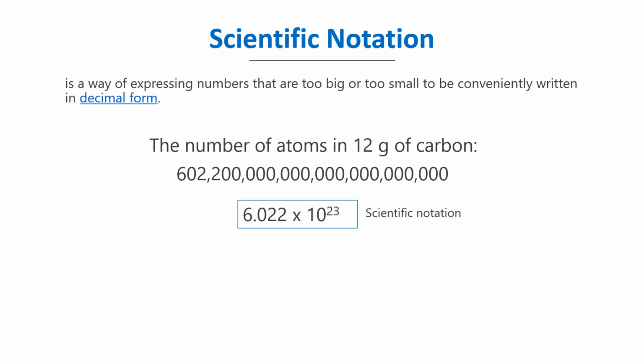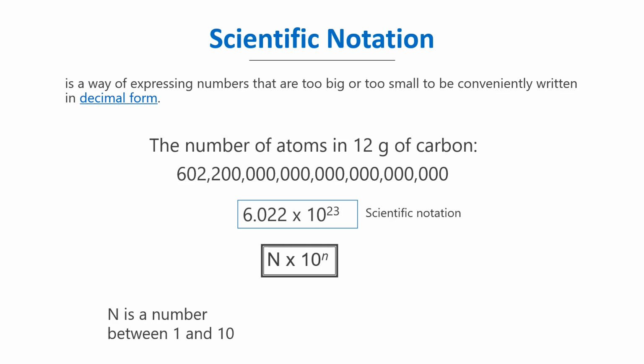This is what we call scientific notation. In general, the formula is capital N times 10 to the power of small n, where capital N is a number between 1 and 10, while small n is a positive or negative integer.